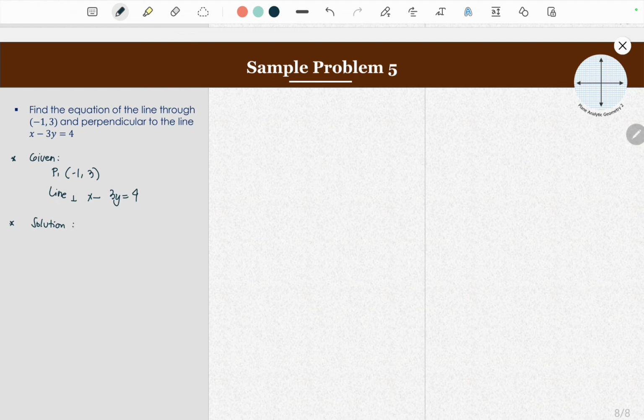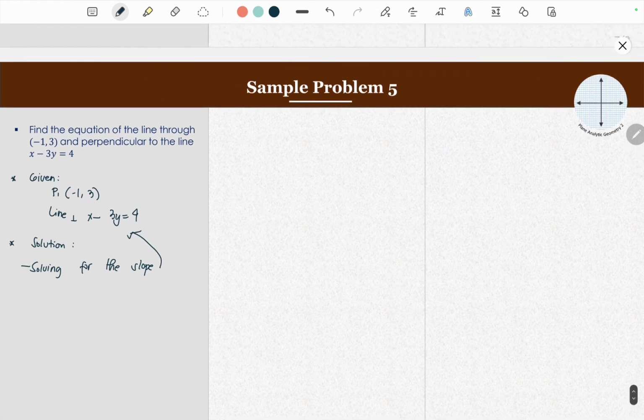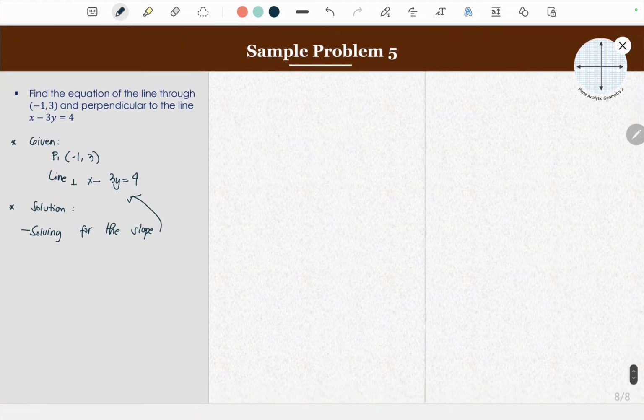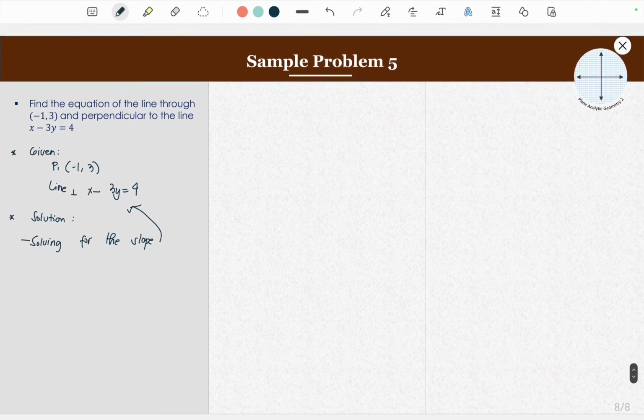So the slope of this line is just the negative inverse of the given line, since it is perpendicular to this line. So solving for the slope, just arrange the equation.